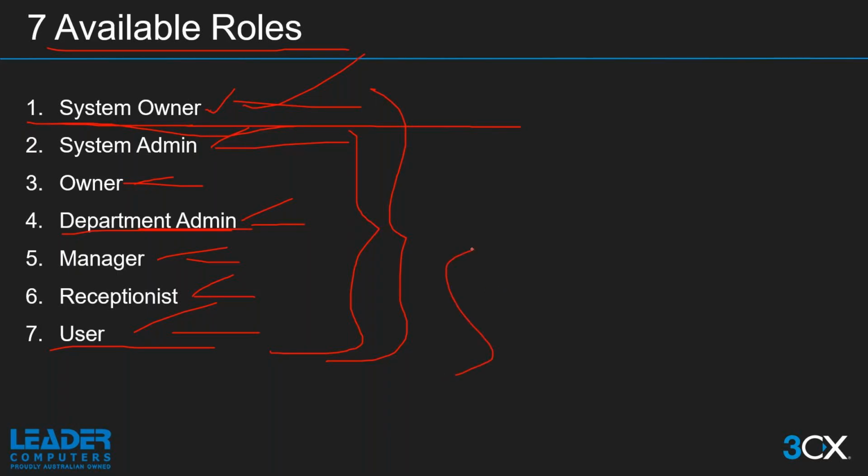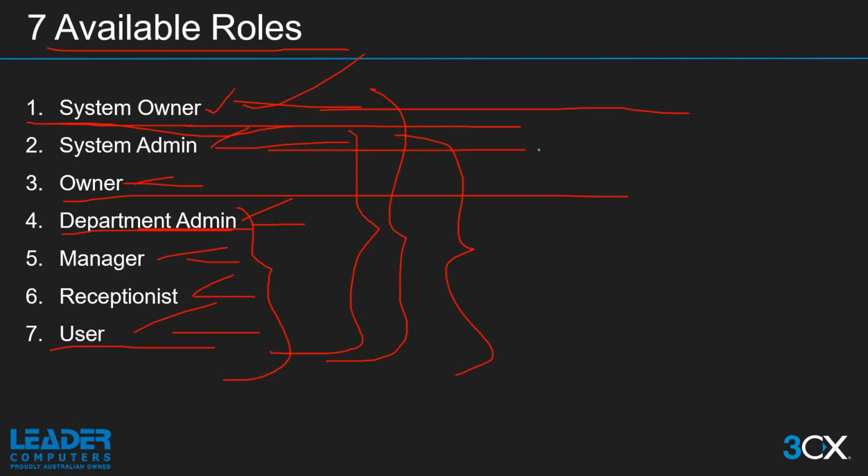If I'm an owner, I can create users, and I can set or change any other user's role below my access level or hierarchy level. So I can set other users as a department admin, manager, receptionist, or user, and things like that. So system owner has the full admin access, like overall access.